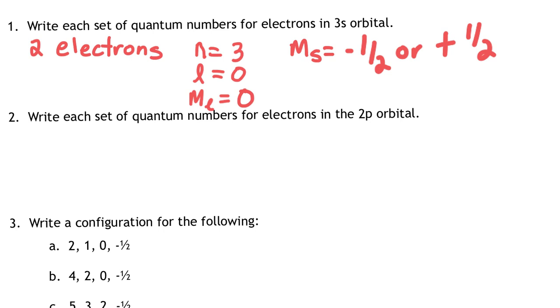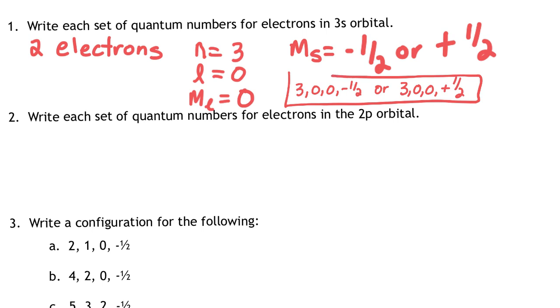So the answer would be 3, 0, 0, -1/2, or 3, 0, 0, +1/2. And that's the answer I'd put a box around. So this would be the set of quantum numbers for the first electron, and this would be the set for the second electron.